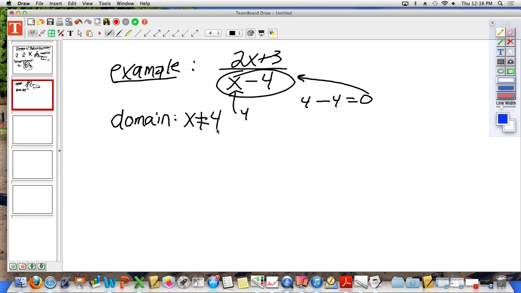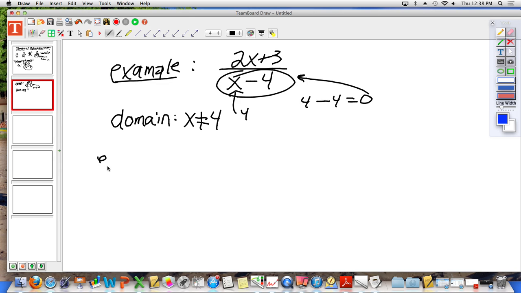Rather than telling me all the x's that do work, tell me the x values that don't work. It's easier to tell me what doesn't work than what does work, because many values work. There's usually only a value or two that does not work. Does that make sense?